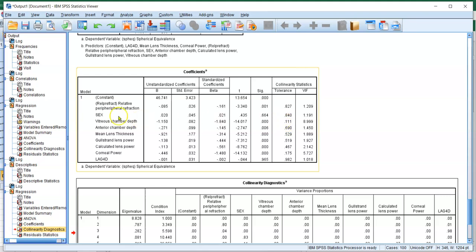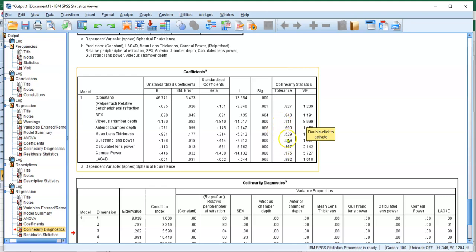Vitreous chamber depth, that has a problem, and notice its variance inflation factor is considerably over 2. So what that means is that other factors here are contributing. So it is not doing the job by itself.